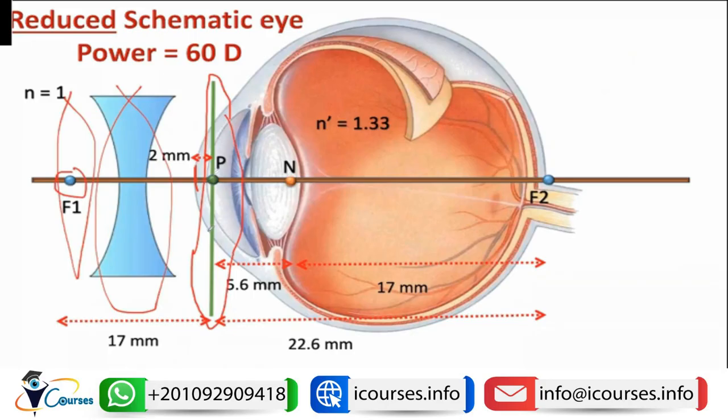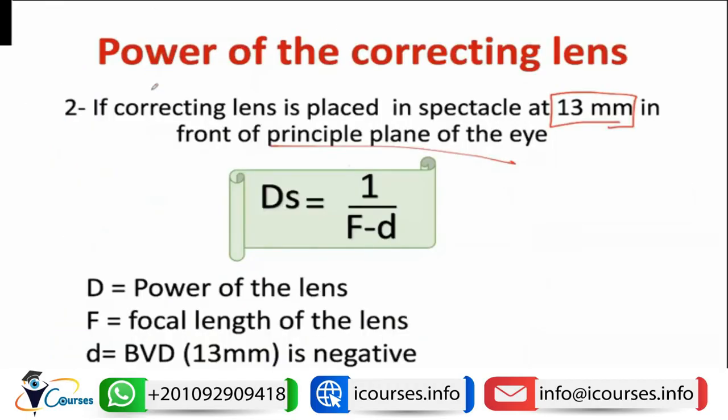The distance between the principal plane and the F1 is 17 millimeters, and the distance between the anterior corneal surface and the F1 is 15 millimeters, and the distance between the principal plane and the lens plane, or the plane of the trial lens frame or the glasses placed in front of the eye, is only 13 millimeters. So this distance should be compensated in the formula.